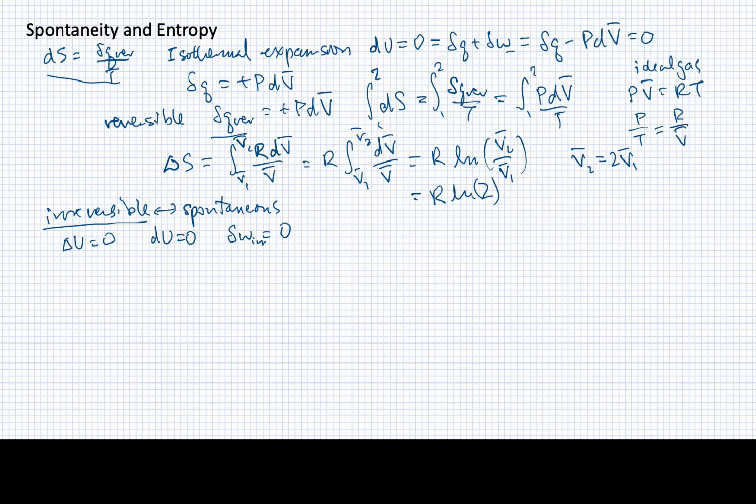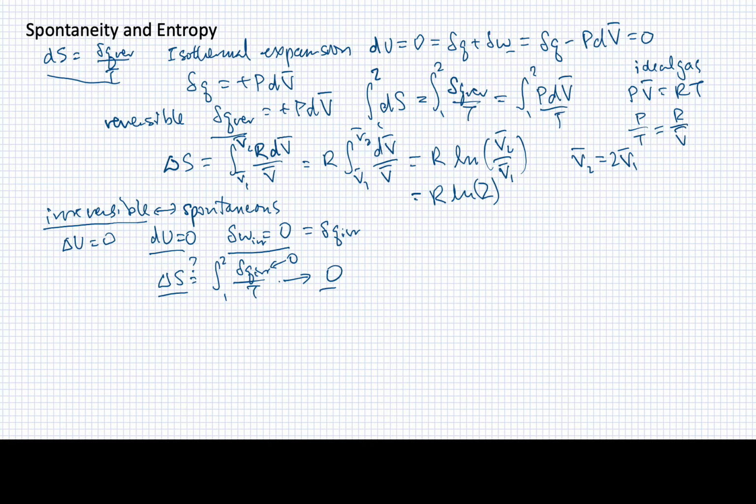But since dU is equal to zero and the incremental change in work is equal to zero, so is the incremental change in heat. So now if I were to write this out as delta S, and I'm going to put a question mark over this, is a change from dq irreversible over temperature, what would I get? Well, if this is just zero, then this whole thing is going to be zero, and I end up with delta S is equal to zero.